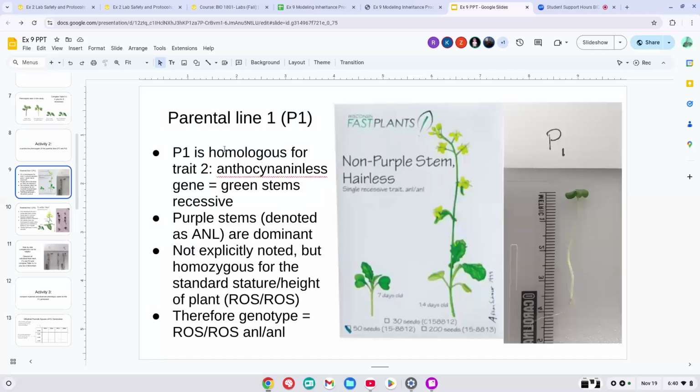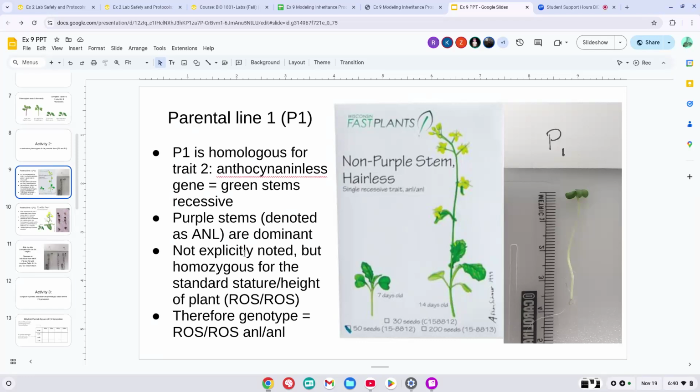Now we have that parental line. P1 is homozygous for trait 2. It's anthocyaninless, right? So we've got green stems, which are recessive, and then purple stems, denoted as A and L, which are dominant. You see a little bit of a difference here at the bottom, but this is non-purple stem, hairless, so again, it's not purple.